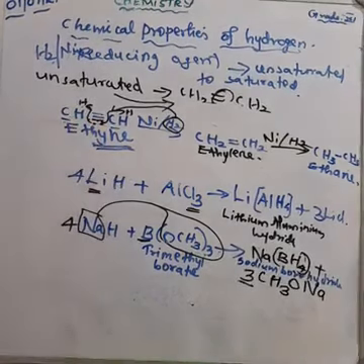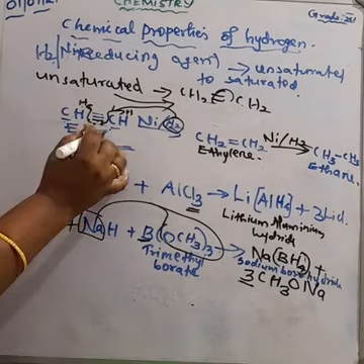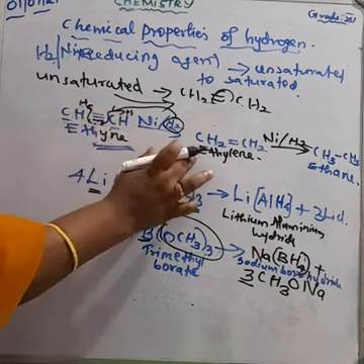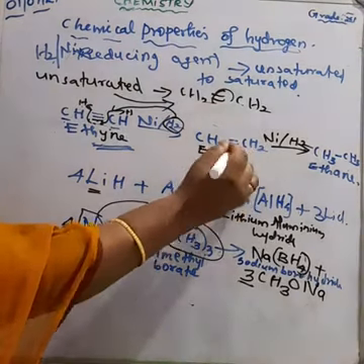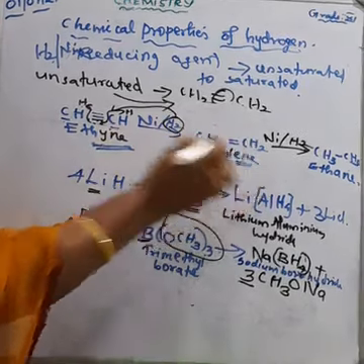So here a triple bond is present, so we call it ethyne. When it is reduced with hydrogen, it forms ethylene. When a double bond is present in a compound, the name ends with ENE.